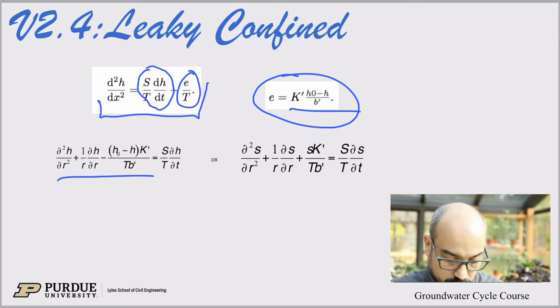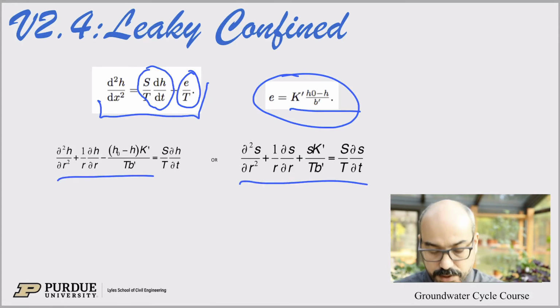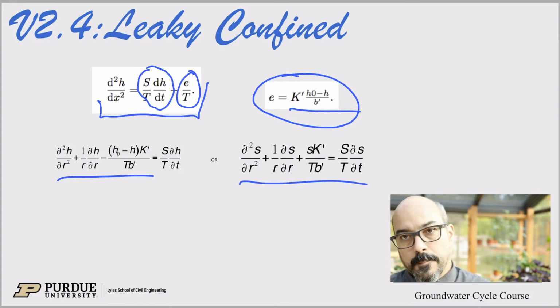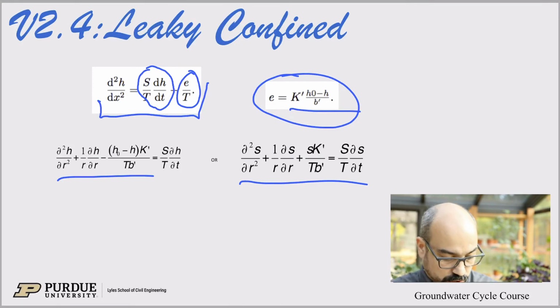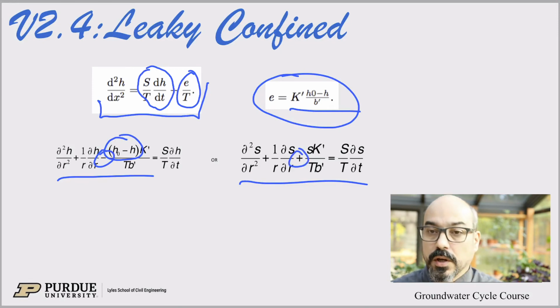Okay, so in radial coordinates, we can write it this way, and of course in terms of drawdown instead of head, we just change the signs. Again, this is minus drawdown, so now we have a sign that changed. So all of this is the same as before. So now we can write this equation as drawdown instead of head.